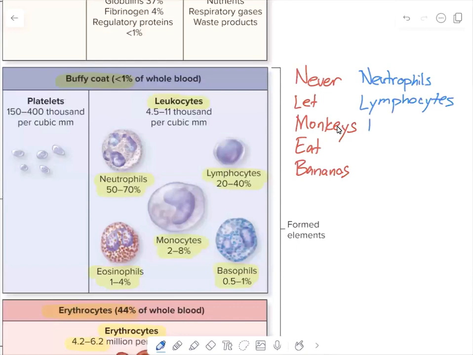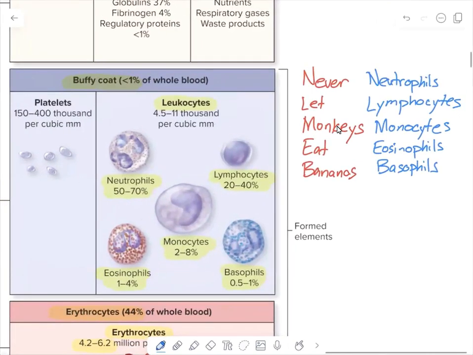Then monocytes, which now we're down into the single digits, 2 to 8%. Eosinophils, which are fairly rare, they're only 1 to 4%. And then finally, the most rare would be the basophils, which are only 0.5% to 1%.